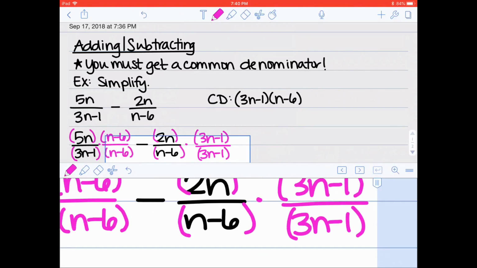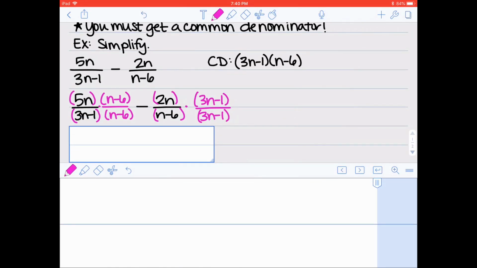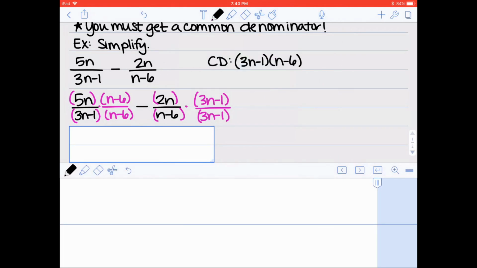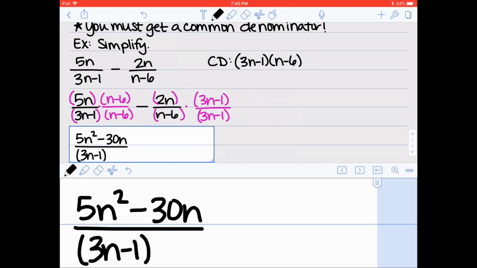Alright, so I have a little bit of work to do with these. I have 5n times n minus 6, so I'm going to go ahead and distribute that 5n. So 5n times n is going to be 5n squared. 5n times negative 6 is going to be negative 30n. And I'm going to write that over 3n minus 1 and n minus 6.